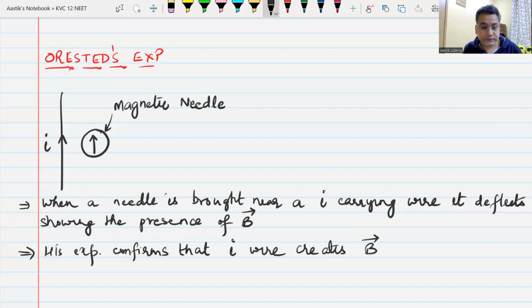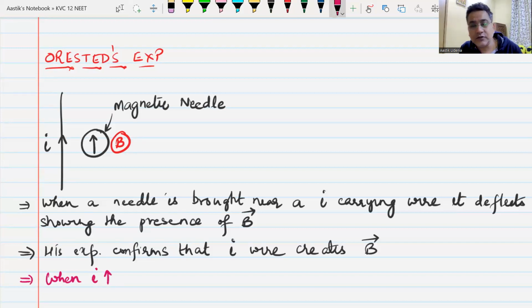What else did he discover? Now, this current carrying wire is creating a magnetic field. Let me call this B. And because of this magnetic field, the needle is deflecting. What else did he discover? When the current in the wire is increased, what did he see?